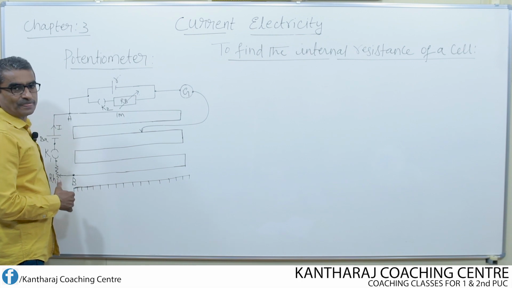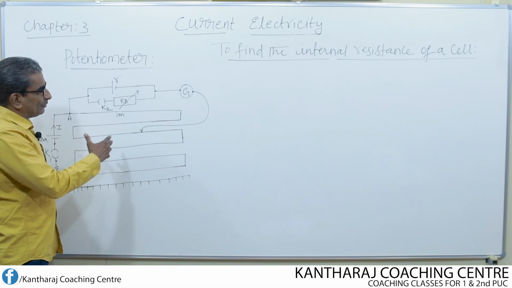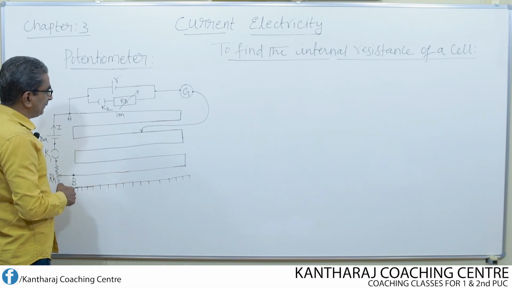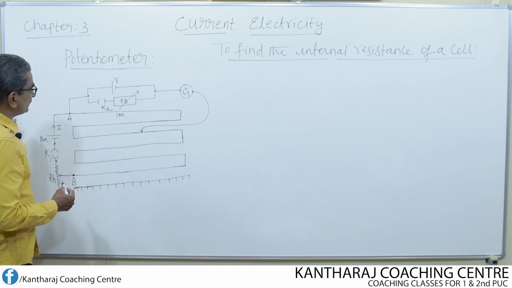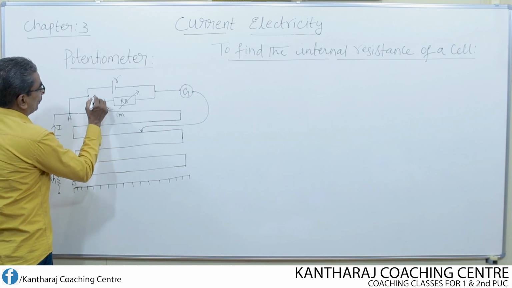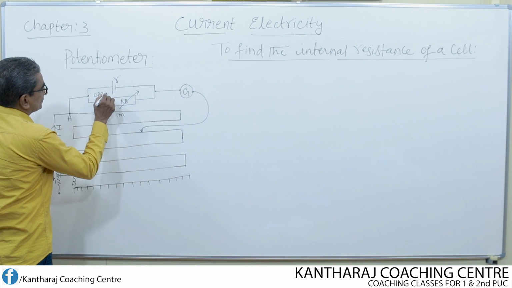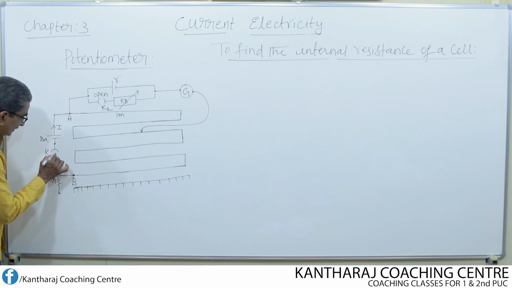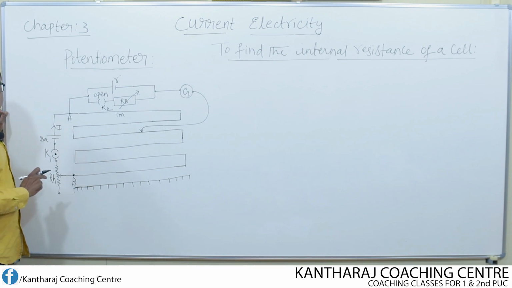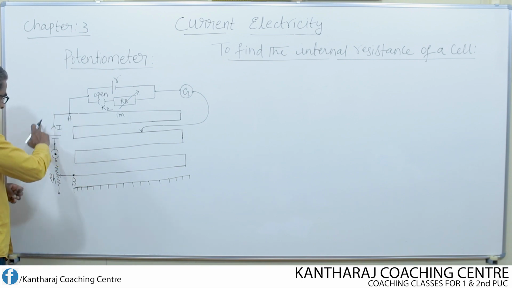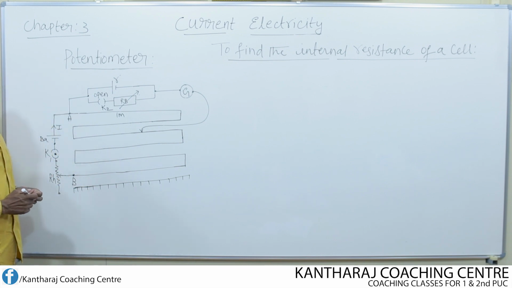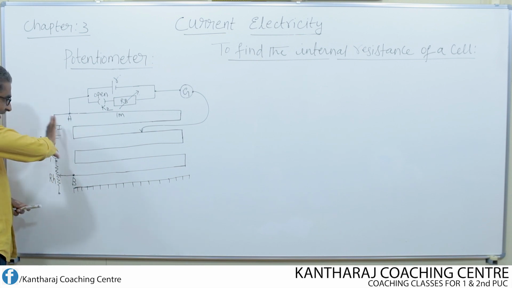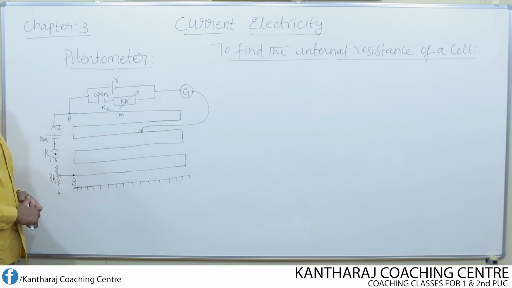Now, how to carry out the experiment: first I keep K2 open. Then I close the key K1. We call this the auxiliary circuit or driving circuit because it drives the current into the potentiometer device.